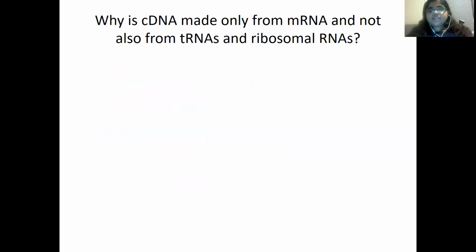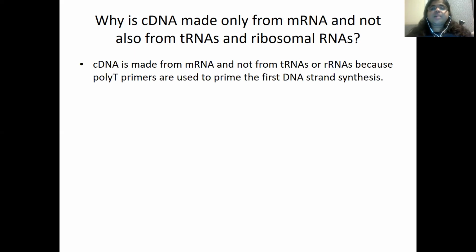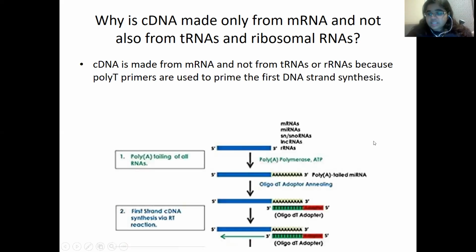Why is cDNA or complementary DNA made only from mRNA and not also from tRNAs and ribosomal RNAs? Why is that? So complementary DNA is made from mRNA because it uses poly T primers.